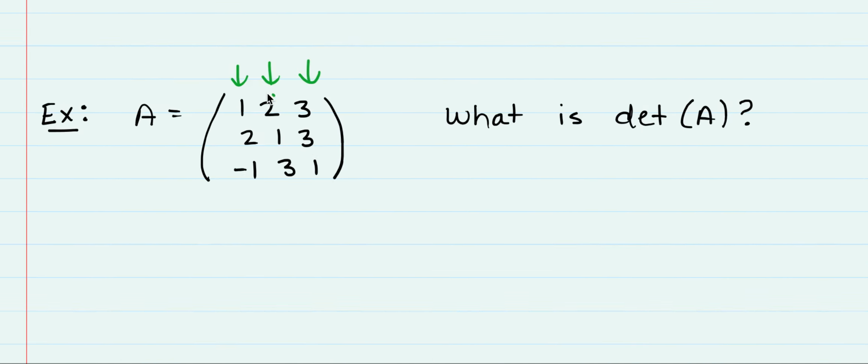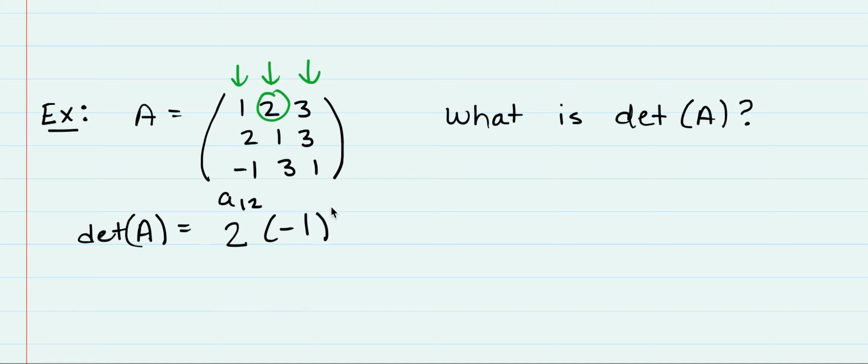So we're going to start with this entry. The determinant of A is 2, which corresponds to A12, times negative 1 to the 1 plus 2, determinant of M12, plus the second item, this 1 here.